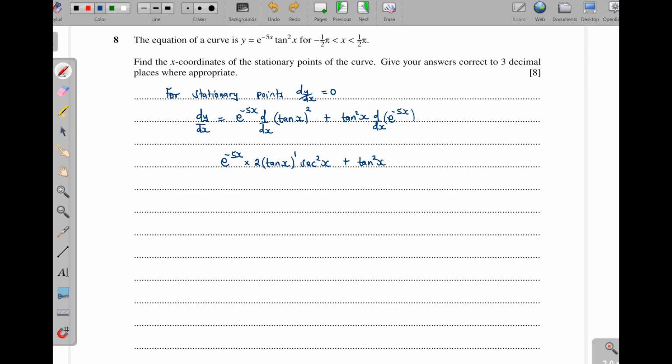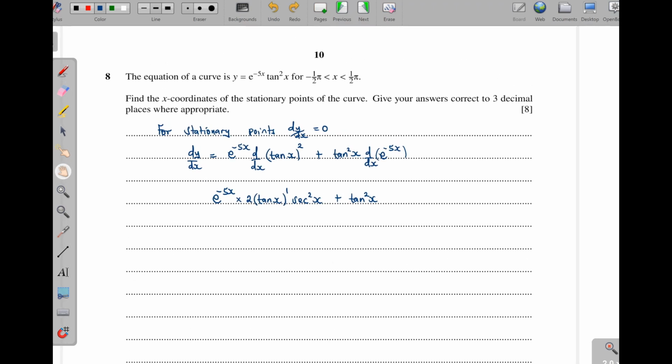Then when you differentiate the exponential function, let me note it here. When you differentiate an exponential function, you get the power, you differentiate it, then you multiply that exponential function, okay? So this is what we are getting. Now here the power is negative 5 of x, so when you differentiate with respect to x, you'll get a negative 5. Then e to the power of this negative 5 of x. Then we equate to 0.